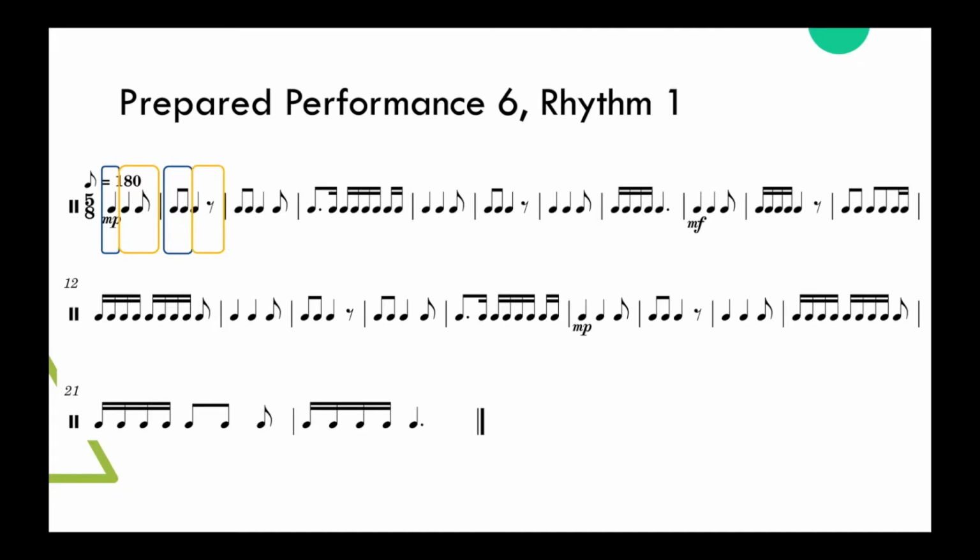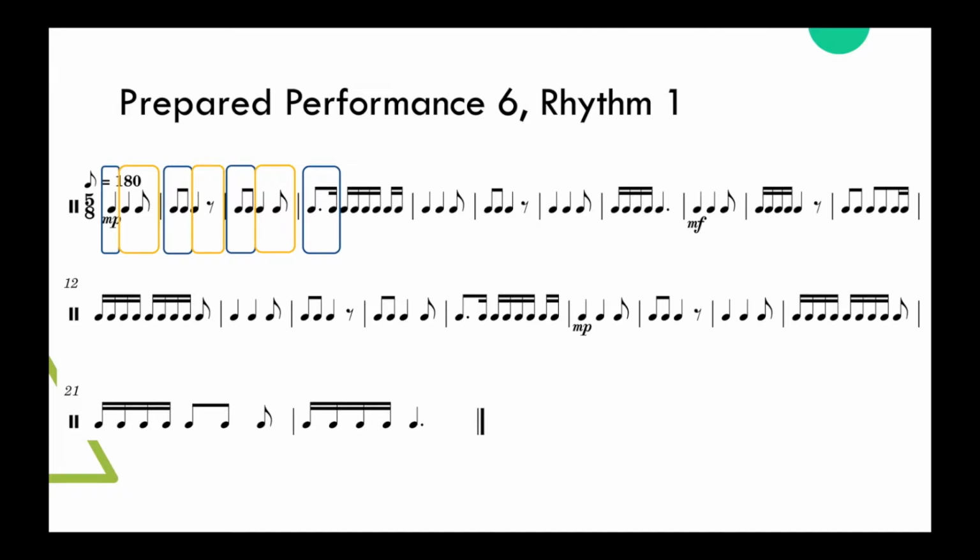For simple meter you could have 2 eighth notes filling a beat, and for compound meter filling a beat you could have a quarter and an eighth rest. Then we have another 2 beats here, another 2 eighth notes followed by a quarter and an eighth note.